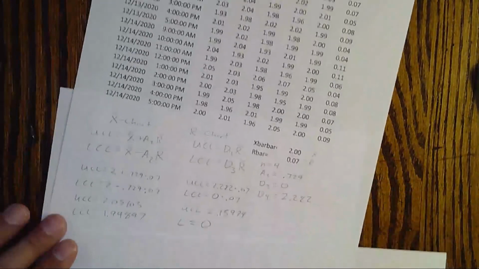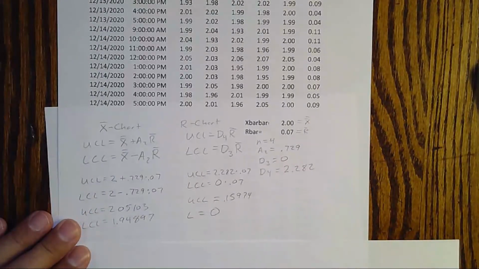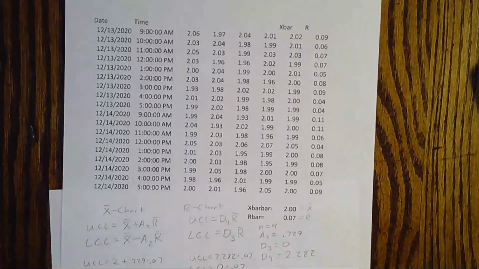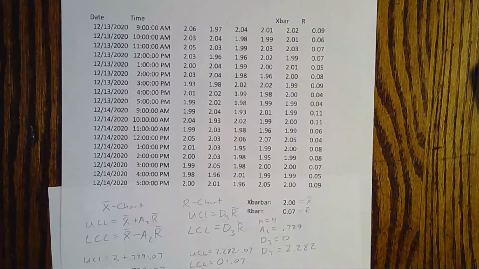So these were the calculations I used to find the control limits after I found each of the 18 X bars and 18 R's. Then I found the X double bar here and the R here. I plugged in the equations.